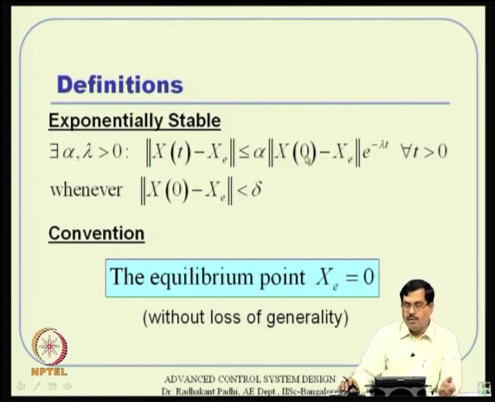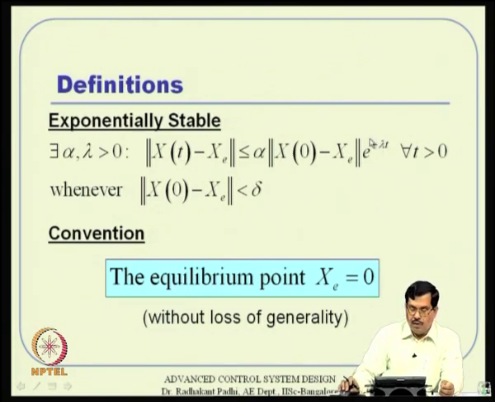So, this norm of x of 0 minus x of e gives us a distance measure of the initial point from the equilibrium point. At any time, x of t is my distance from the equilibrium point, and at the initial time t 0, that is my distance from the equilibrium point. These two are related by this relationship, where alpha and lambda are positive constants.